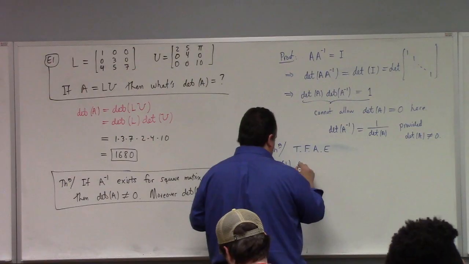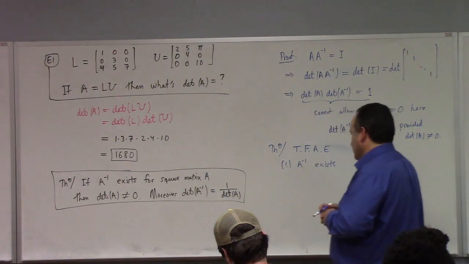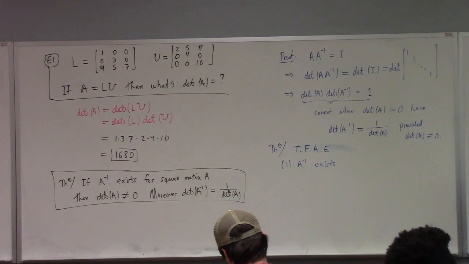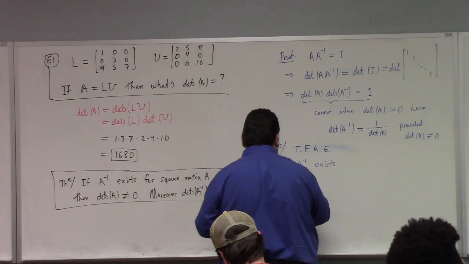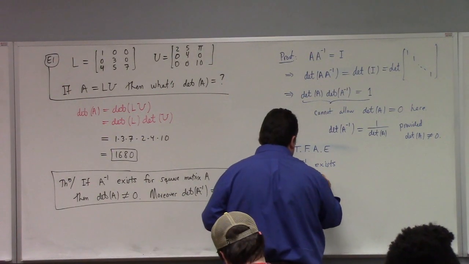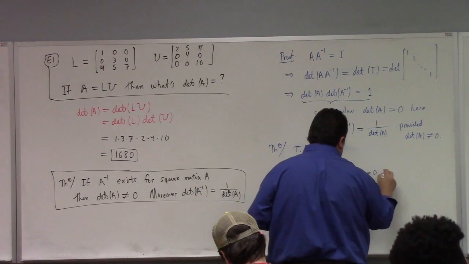Number 1, A inverse exists. Number 2, AX equals 0 has only X equals 0 as solution.